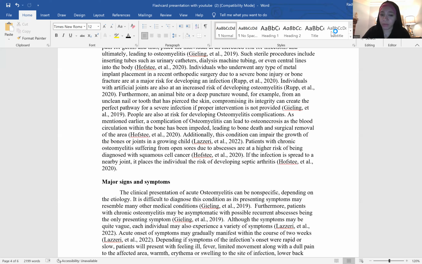Patients with chronic osteomyelitis suffering from open sores due to abscess are at a larger risk of being diagnosed with squamous cell cancer. If the infection is spread to a nearby joint, it places the individual at risk of developing septic arthritis.